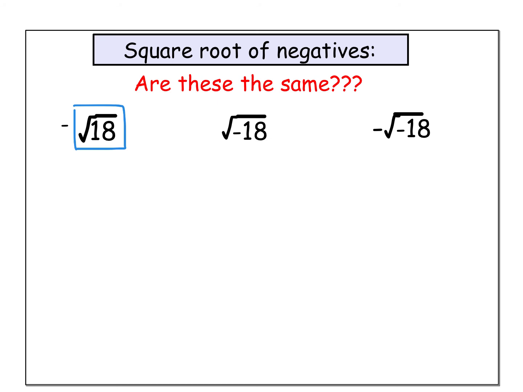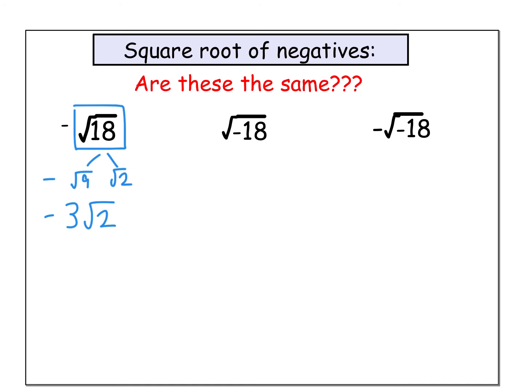The square root of 18, instead of 6 times 3, we really want to do 9 times 2, because 9's a perfect square. So what we really have now is the negative. The square root of 9 is 3, and then the square root of 2 we're not going to do anything with. So this answer is actually negative 3 root 2.